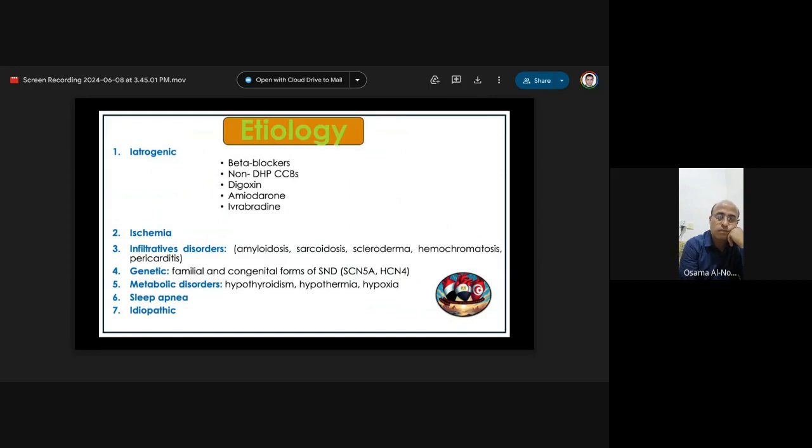Regarding etiology, we must eliminate secondary causes at first, like iatrogenic causes, ischemia, inflammatory disorder, infiltrative disorder, familial and congenital forms of sinus node disease due to mutation in ion channels, and metabolic disorders like hypothermia, hypoxia, and sleep apnea, which is a reversible cause of sinus node dysfunction.